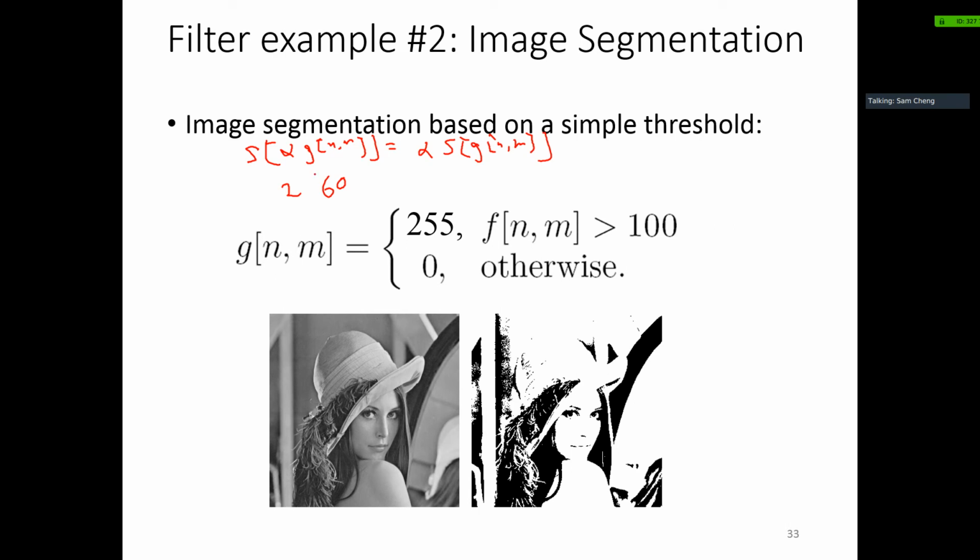But if I look at the other side, S of 60 is less than 100, so this is equal to 0. 0 times 2 is still 0. So these are not equal, and this operation is not linear.